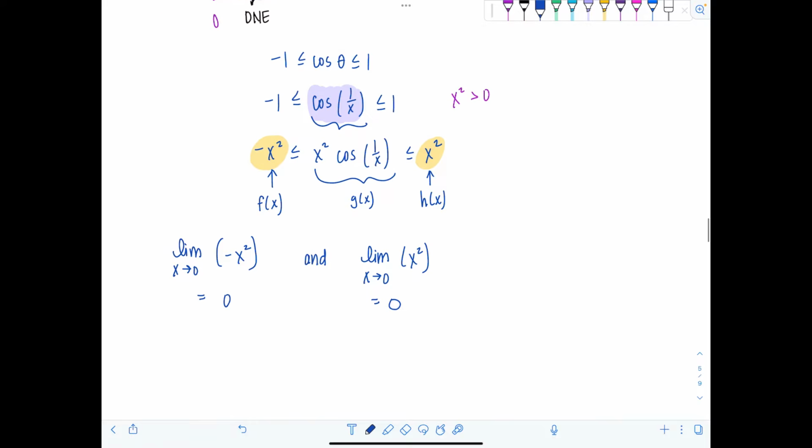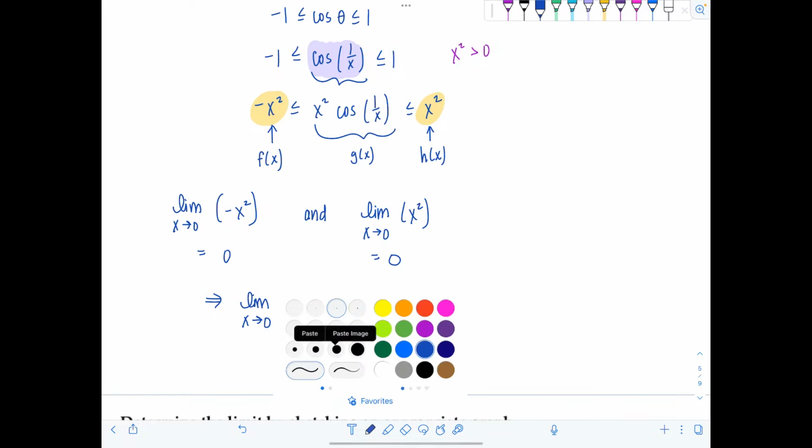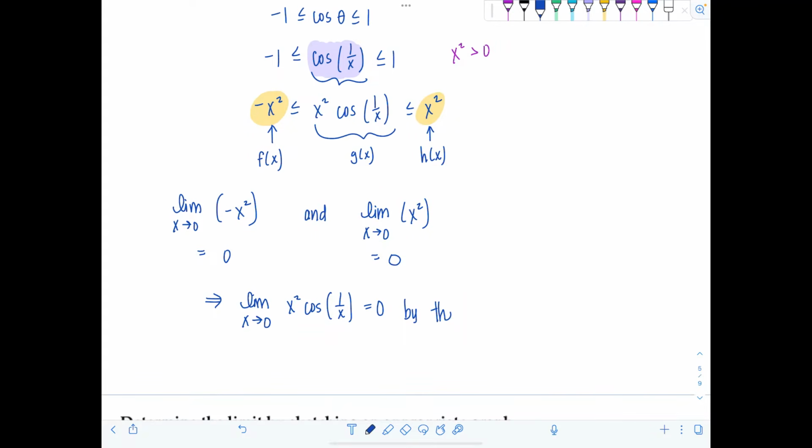So that means the function bounded between them is squeezed, or forced, to have the same limit. Please summarize nicely. This tells us the limit as x approaches 0 of x squared cosine 1 over x also equals 0. Cite your sources. Don't be a plagiarizing little mathematician. By the squeeze theorem.